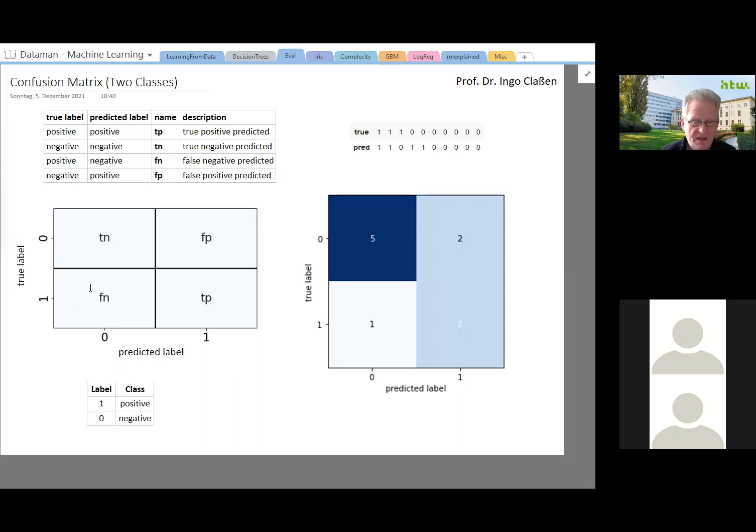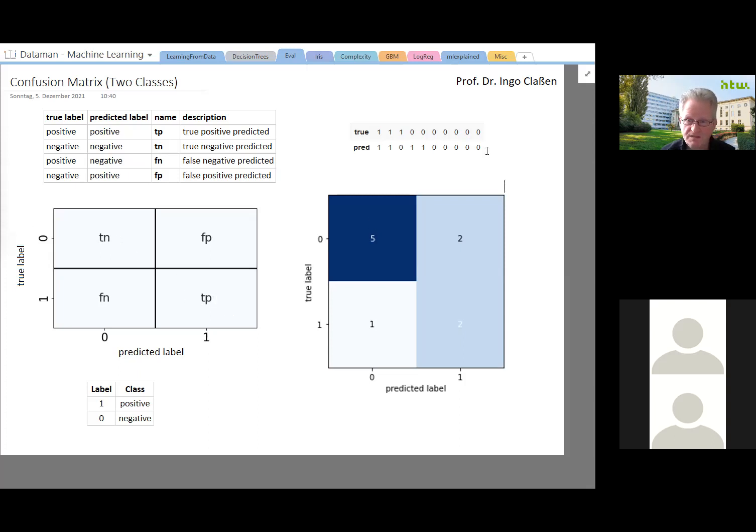sections here. If we take, for example, this section here, we have predicted a 1, and it was a 1. That's called a true positive. These are the true positives. If we take this corner here, we have predicted 0, and the true label was a 0. That's called a true negative. So the true negatives and the true positives are the good things.